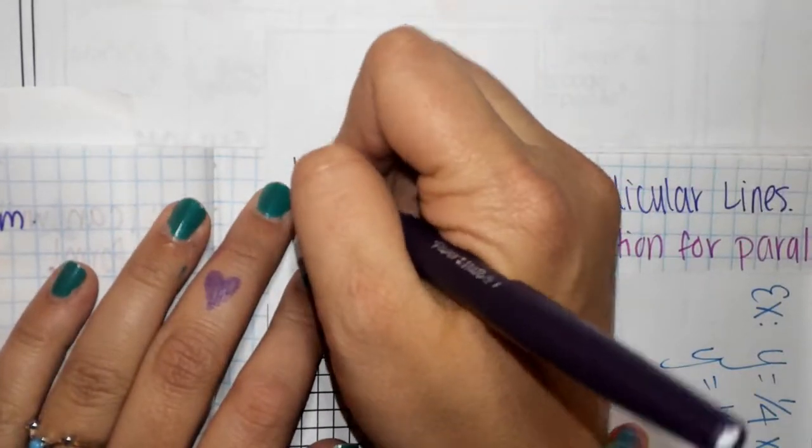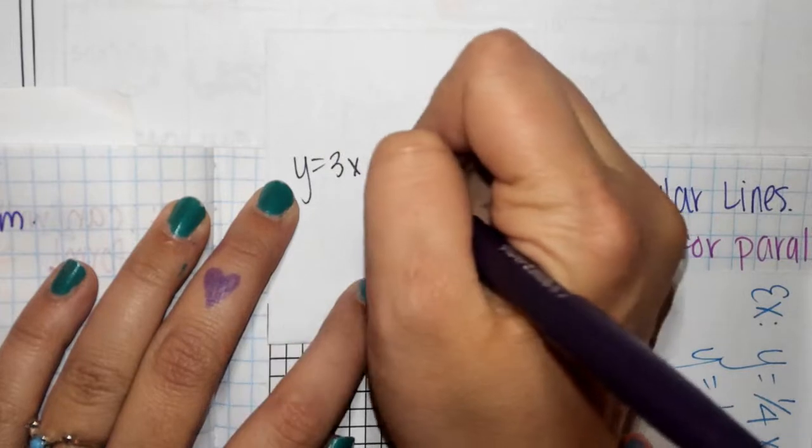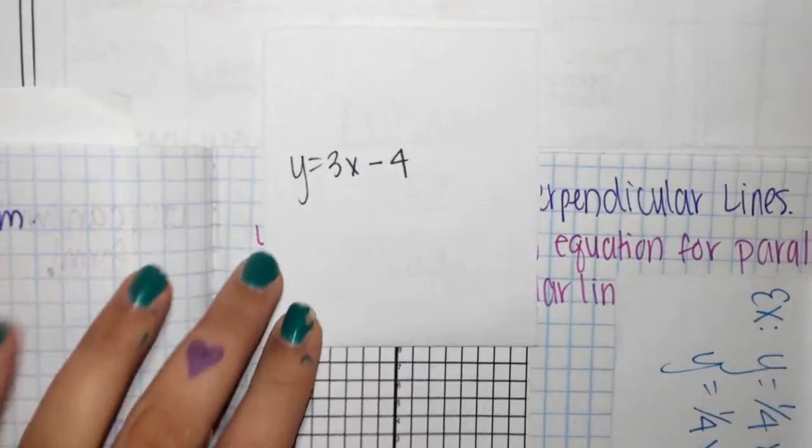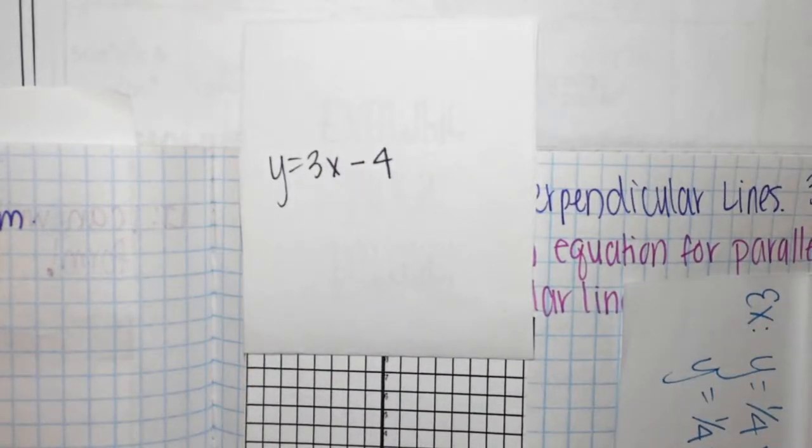Alright, are we ready? So we're going to start with y equals 3x minus 4. That's our first equation, our first line.